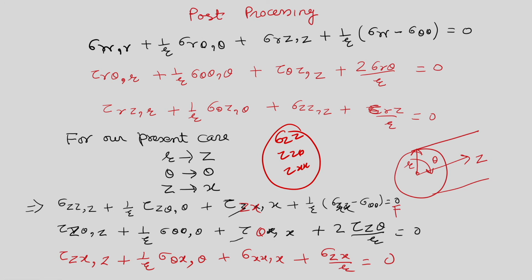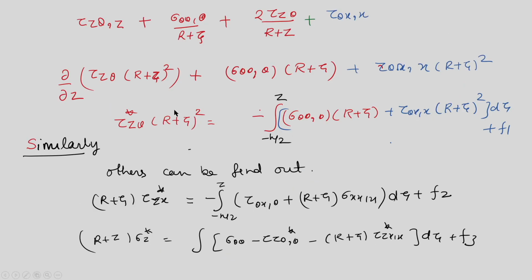So, if we do the post processing technique, this is the 3-dimensional equation of equilibrium. If we convert it to our system, then it becomes an equation like this, and ultimately in the second equation for a static case, it is going to be 0.